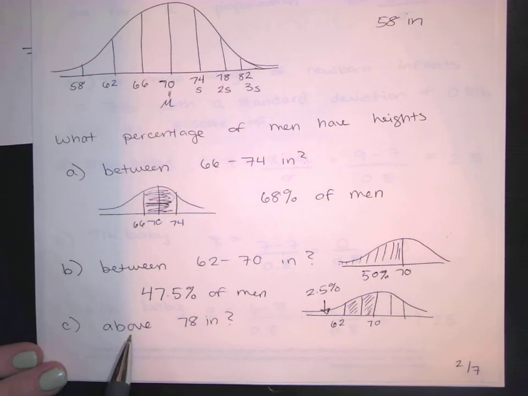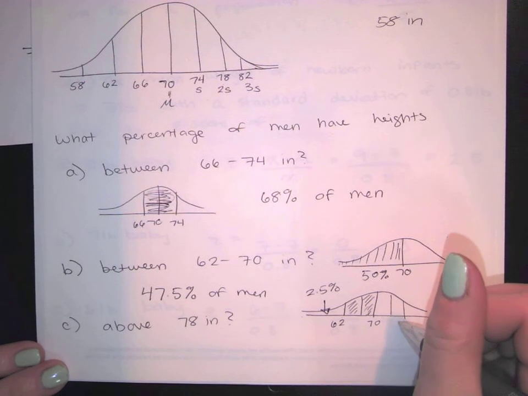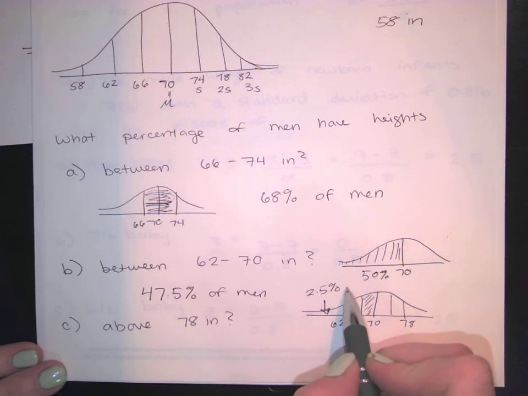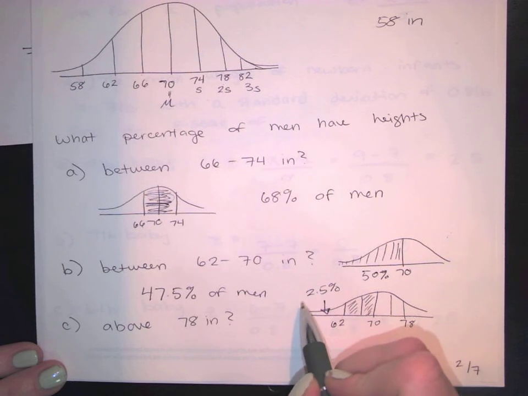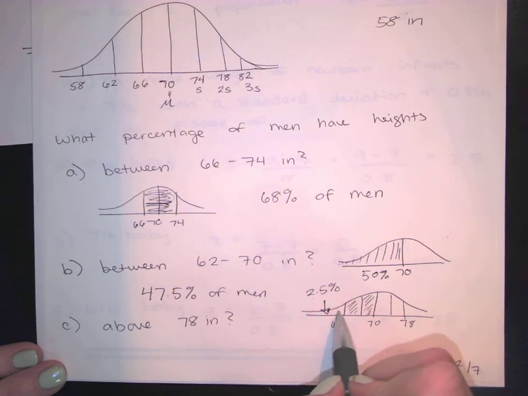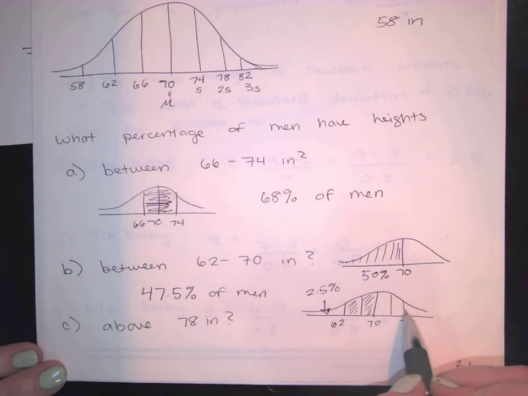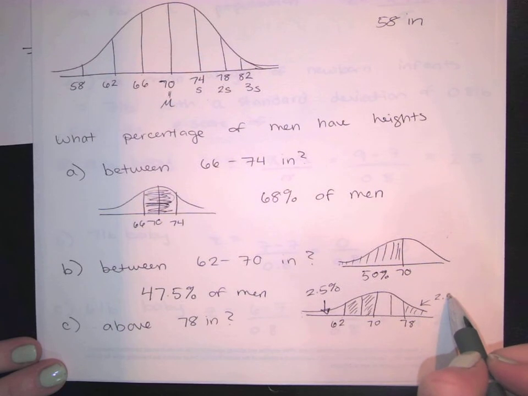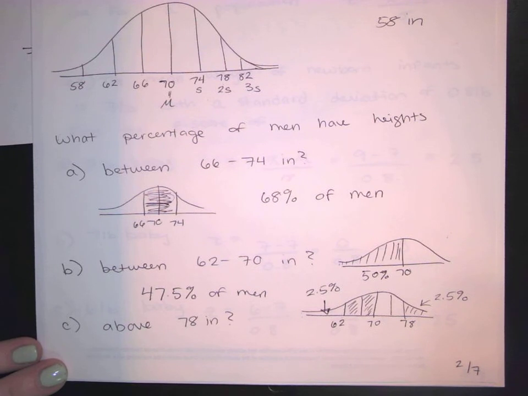Lastly, I could ask, what about above 78? 78 is 2 standard deviations in the other direction. So answering this question is similar to what we had to do to figure out part B beforehand. 2.5% of individuals are in the tail below 2 standard deviations and 2.5% above 2 standard deviations, because the 95 rule tells us that 95% are within 2 standard deviations.